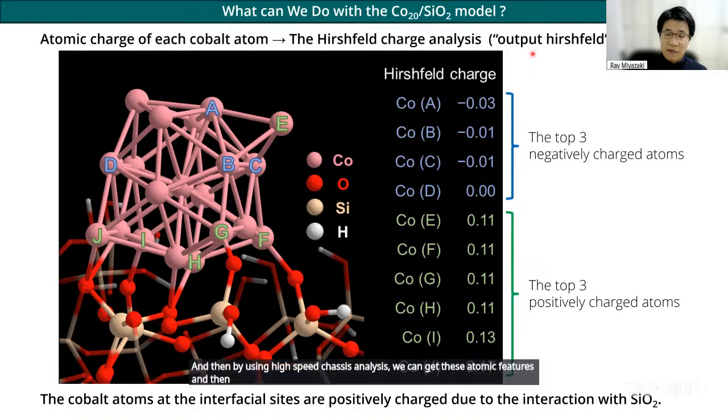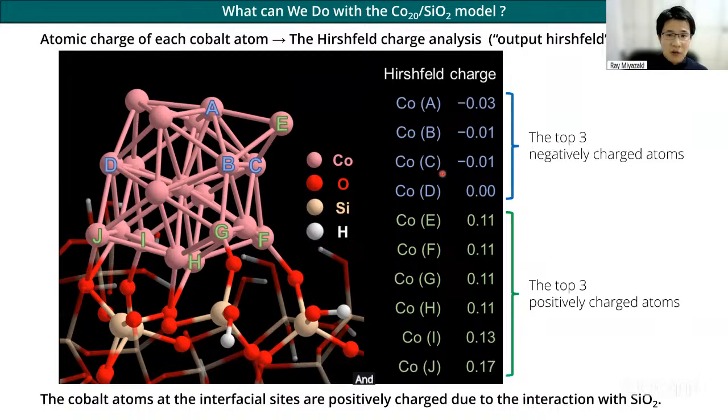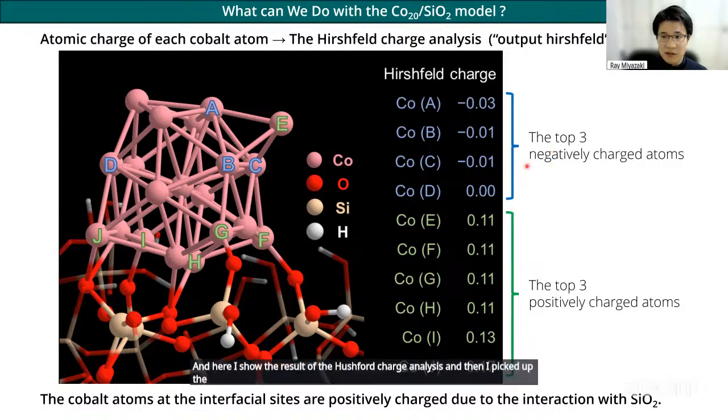In FHI-aims, you can use this kind of keyword in the control.in file. Here I show the result of the Hirshfeld charge analysis, and I picked the top 3 negatively charged cobalt atoms and the top 3 positively charged cobalt atoms. The blue ones are negative, and the green ones are positive.